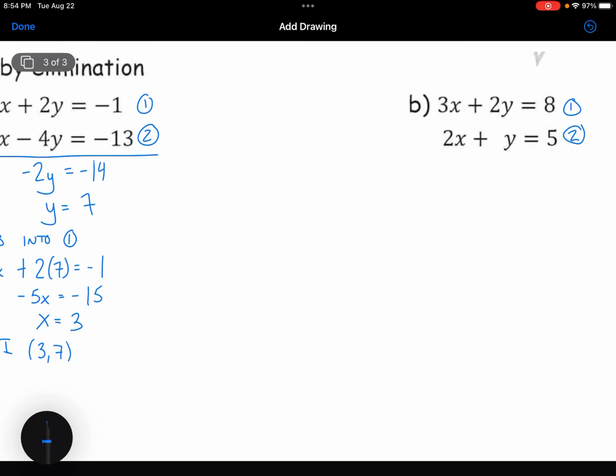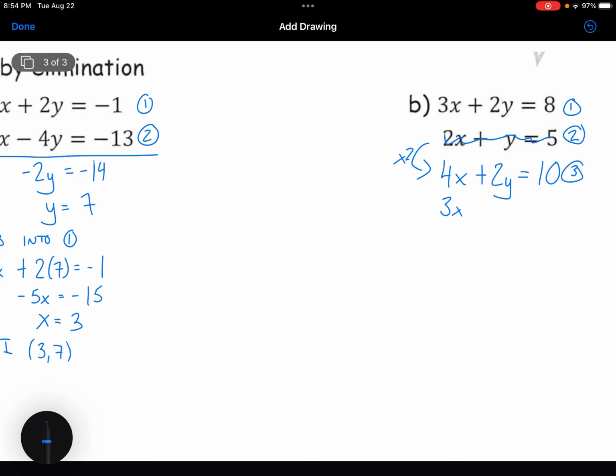But if I took equation 2 and multiplied the whole equation by 2, I'd get 4x plus 2y equals 10. Now equation 3, the new equation we've created, can be subtracted with equation 1.